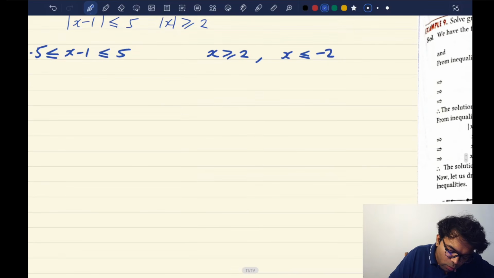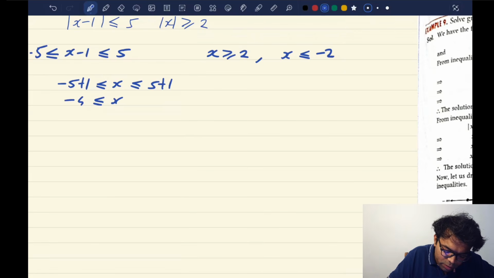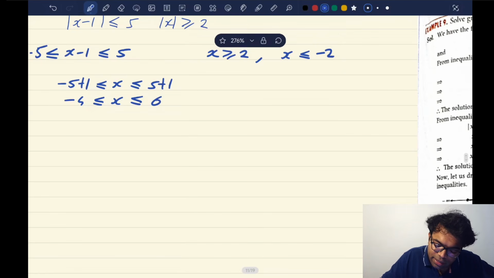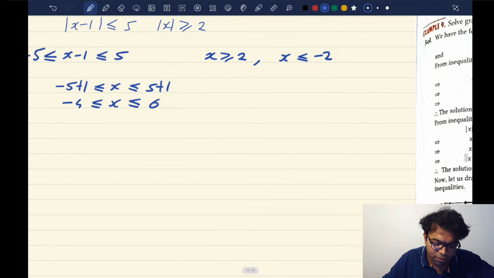So, what do I get here? Minus 5 plus 1 is less than or equal to x is less than or equal to 5 plus 1. Minus 4 is less than or equal to x is less than or equal to 6. This is already there. So what are the solutions that we have?